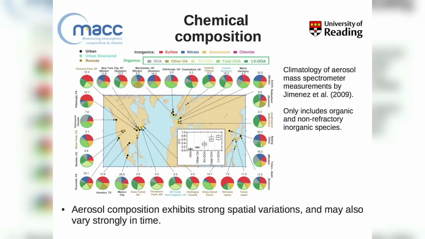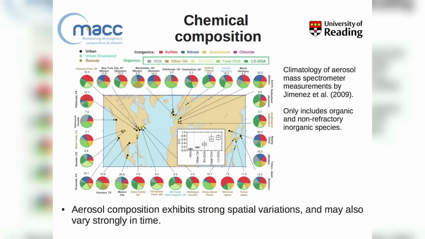Okay, so moving on to chemical composition. The chemical composition of the aerosol varies very much spatially and temporally. And here is a nice diagram from a paper by Jimenez that summarizes, I think, aerosol mass spectrometer measurements at different places, mostly in urban and in the countryside outside large cities of the Northern Hemisphere.